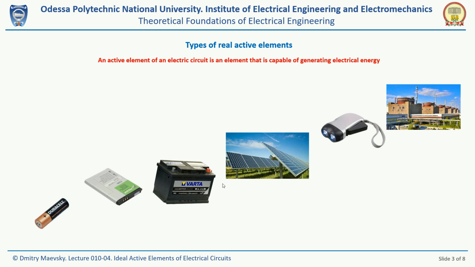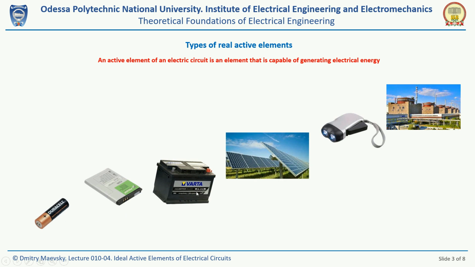For example, there are elements that produce electrical energy using chemical reactions. These are ordinary batteries and accumulators. Batteries are disposable sources. Once the battery is discharged, it is impossible to restore it.